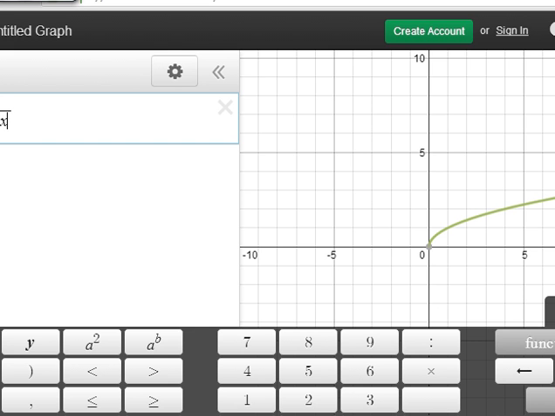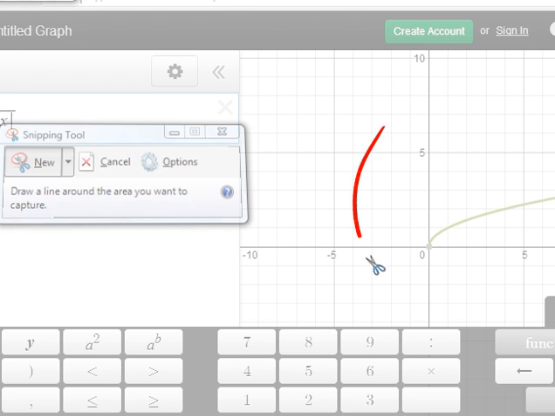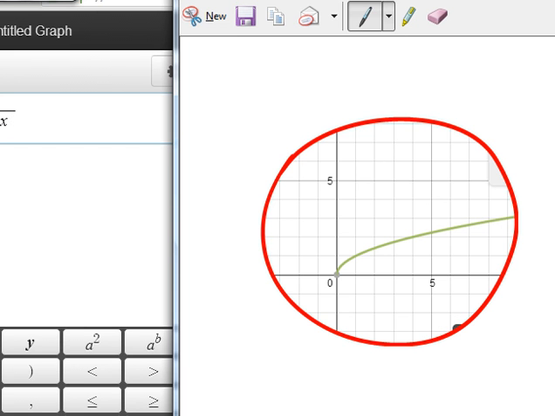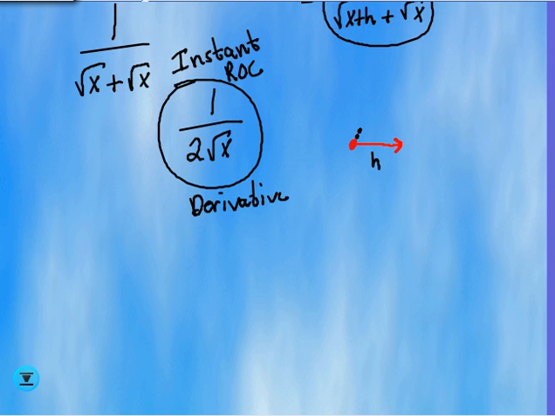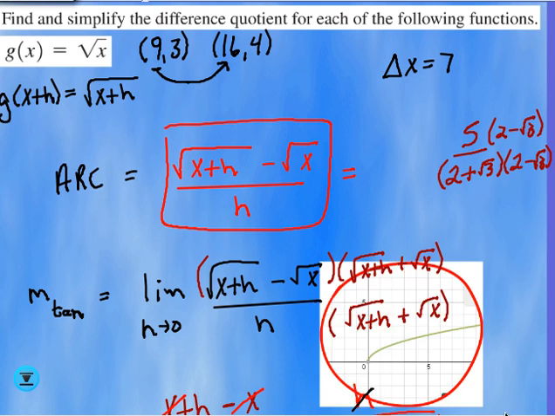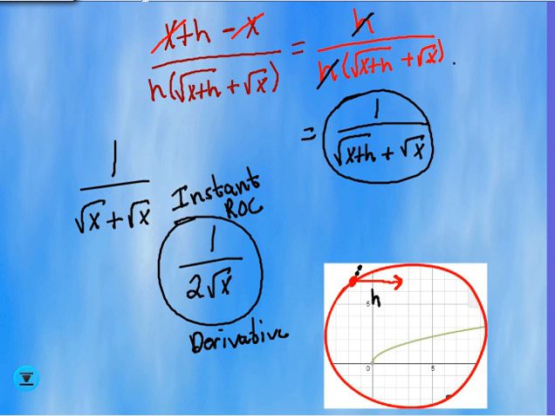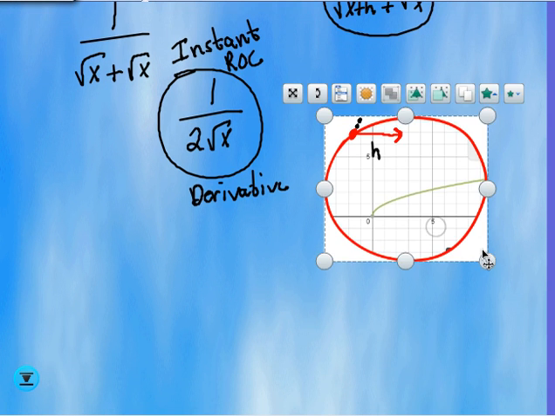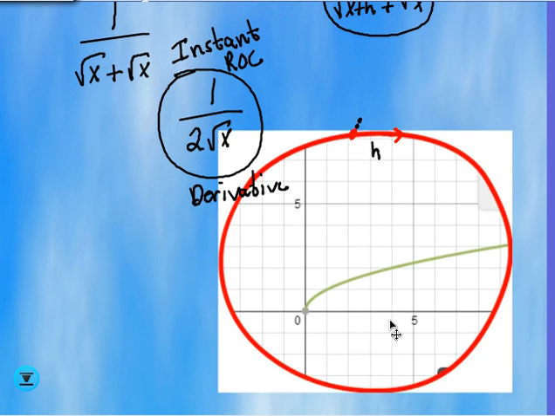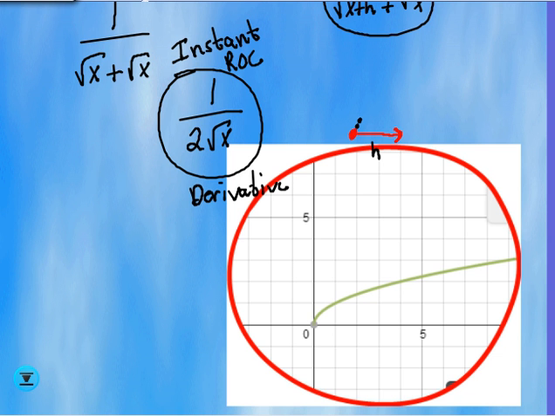Let me again snip that, and paste it. I have no idea what pasted at the top. There we go. Again, instantaneous rate of change.